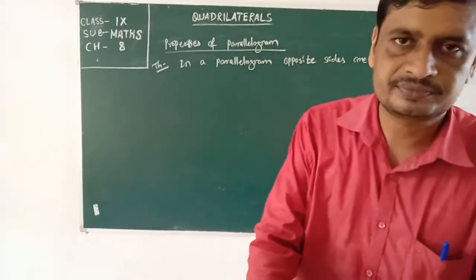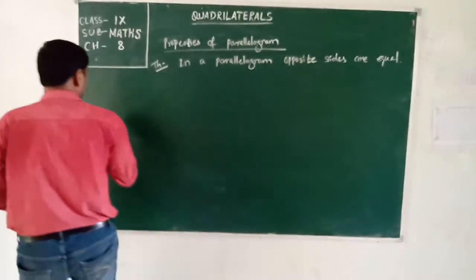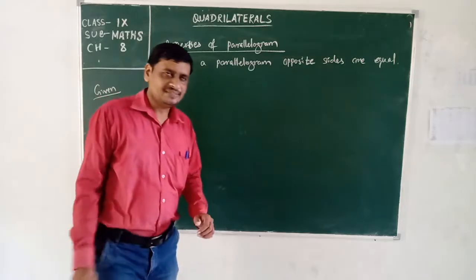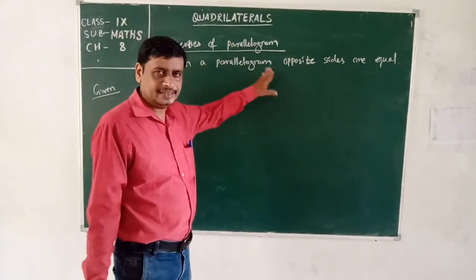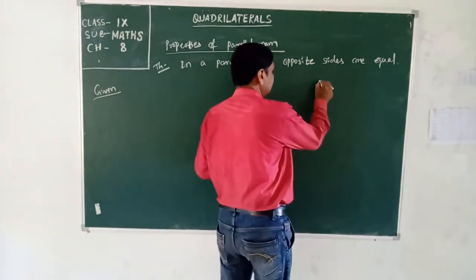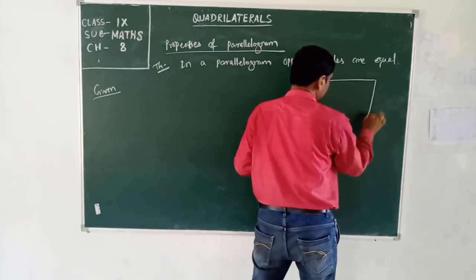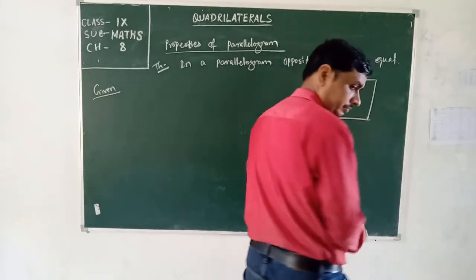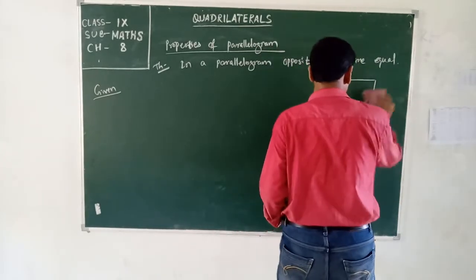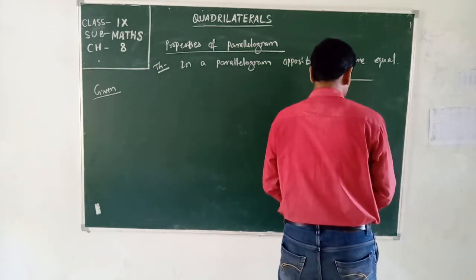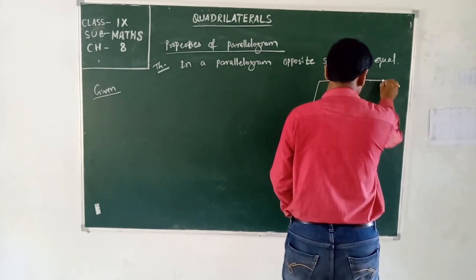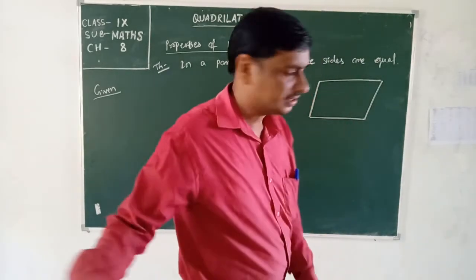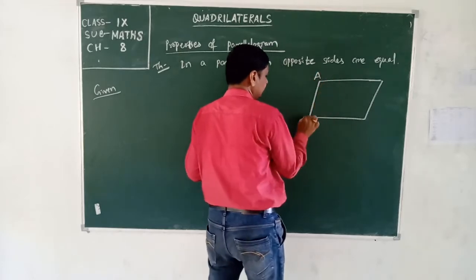How to prove? First, we have to write the given. What is given here? It is given a parallelogram. Let's construct a parallelogram. Here, a parallelogram ABCD.